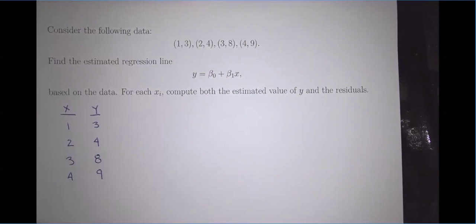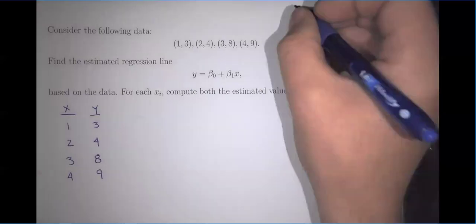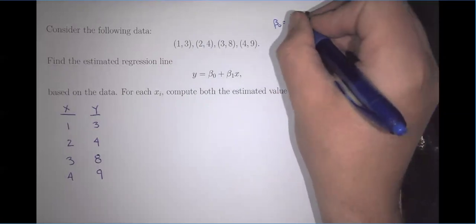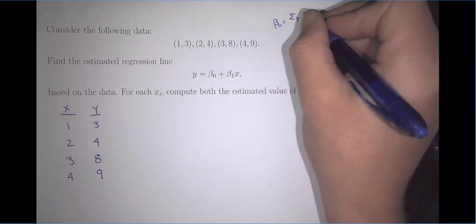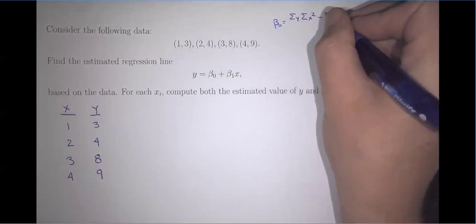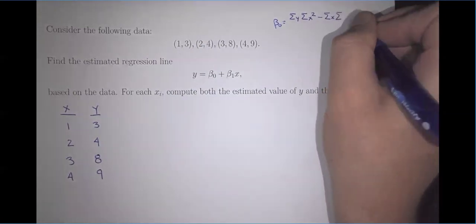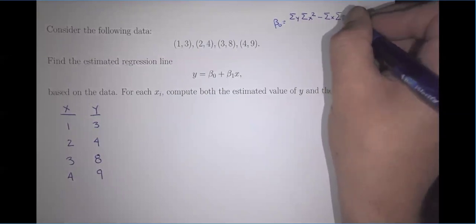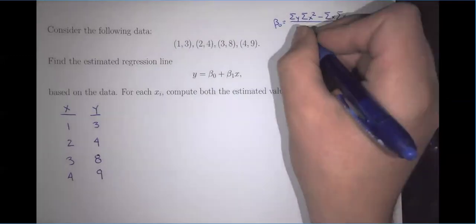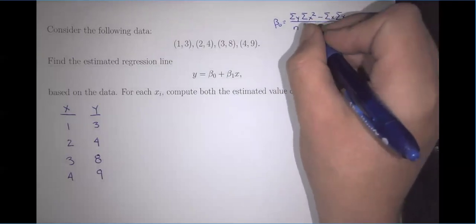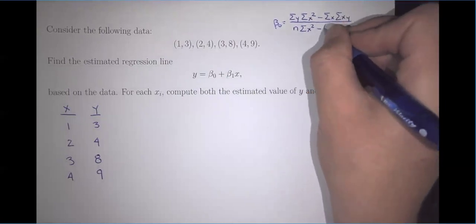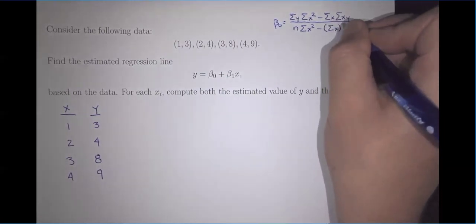In order to compute beta naught and beta 1, we're going to use the formulas beta naught equals sum of the y's times sum of the x squareds, minus sum of the x times sum of the x y's, and that's all going to be divided by n times the sum of the x squareds minus the sum of the x's squared.